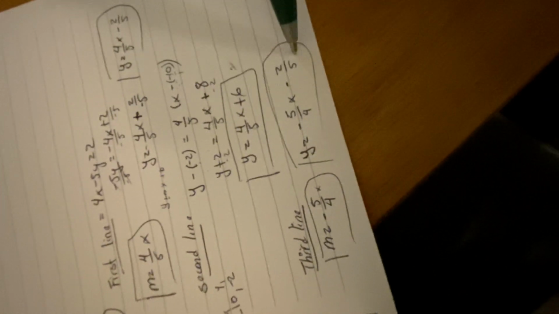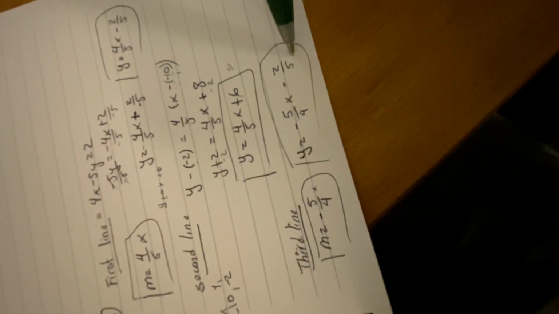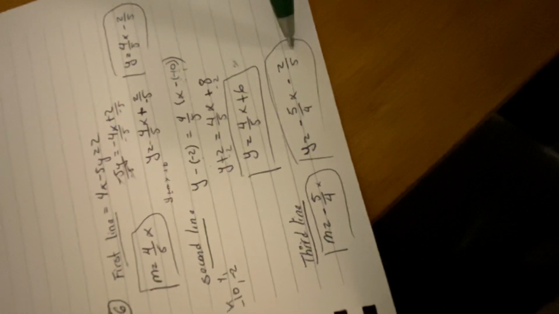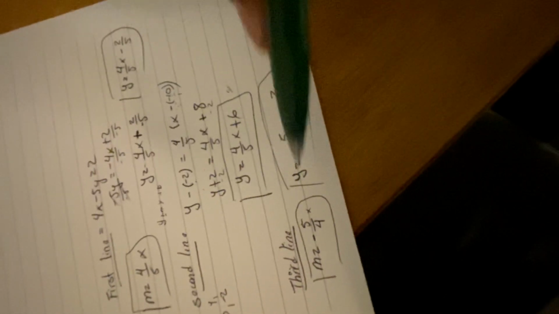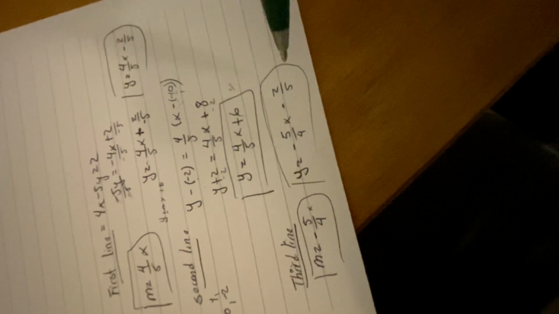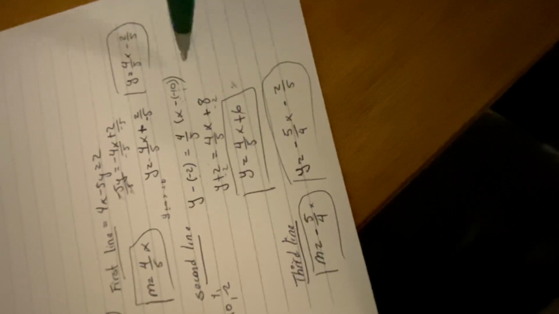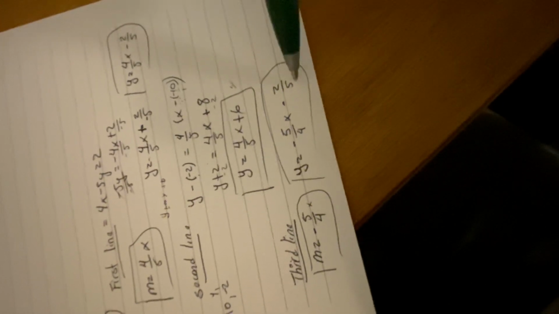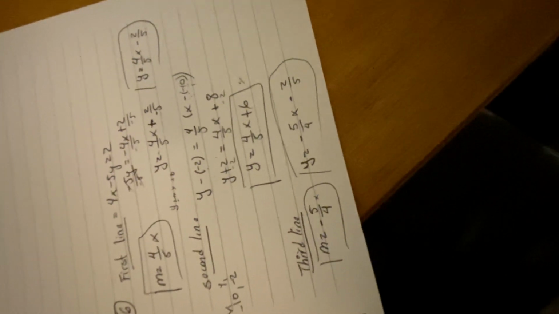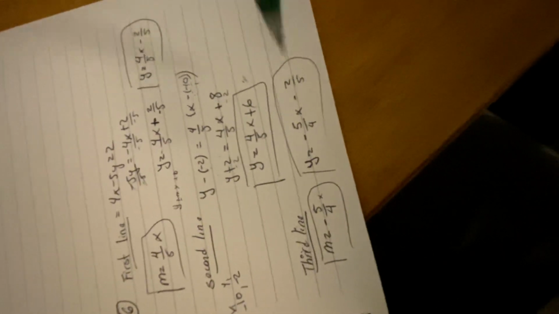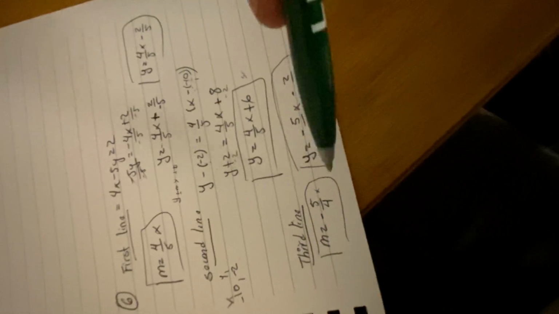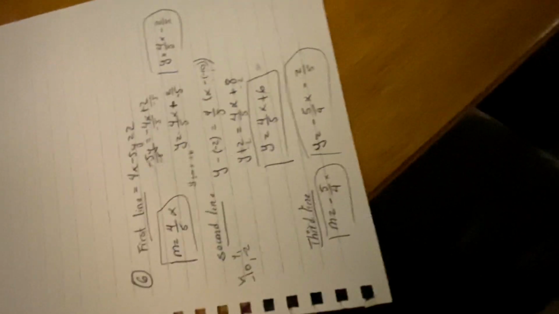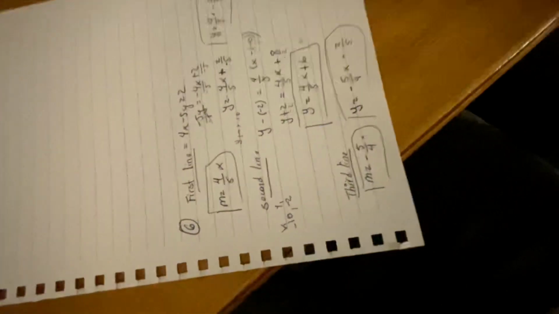And this would be the equation of the line in slope-intercept form. It will be y, the slope, x, and because it was saying it was the same as in the first line, I put the same thing. I was also using the slope that I got here, and that's for number 6.